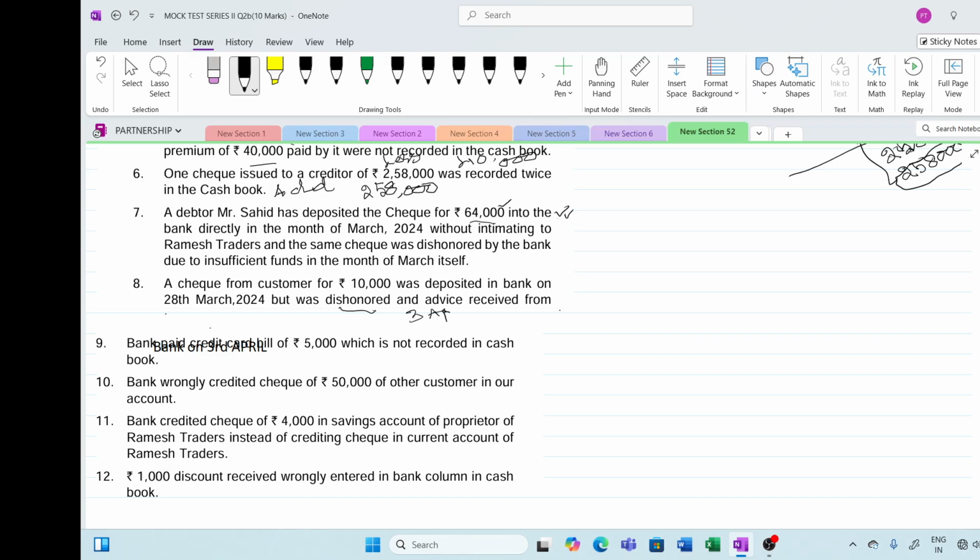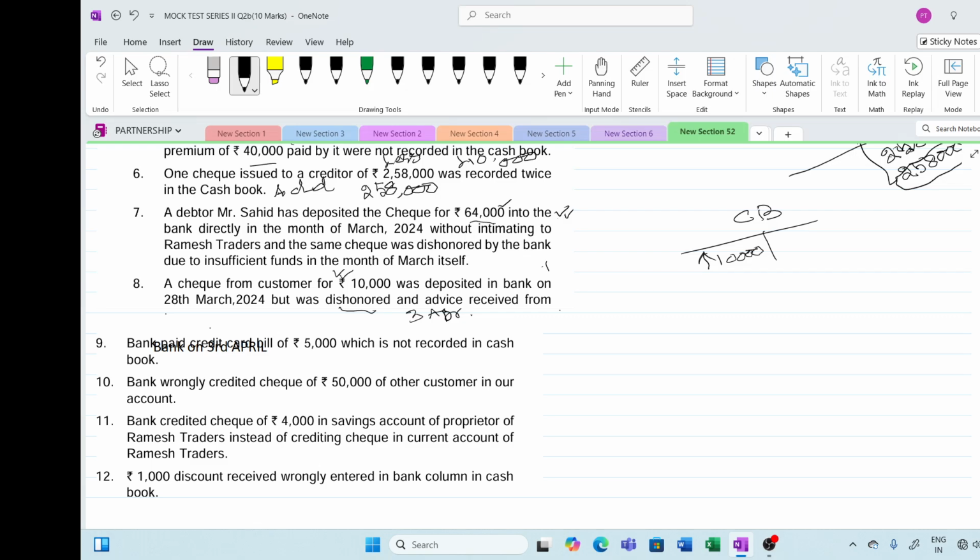But earlier, this 10,000 was received from a customer, so I have put plus in my cash book. I have increased that 10,000 on my debit side because I received an amount from the customer. So I have increased it. But in the bank, this got dishonored in the month of March itself.